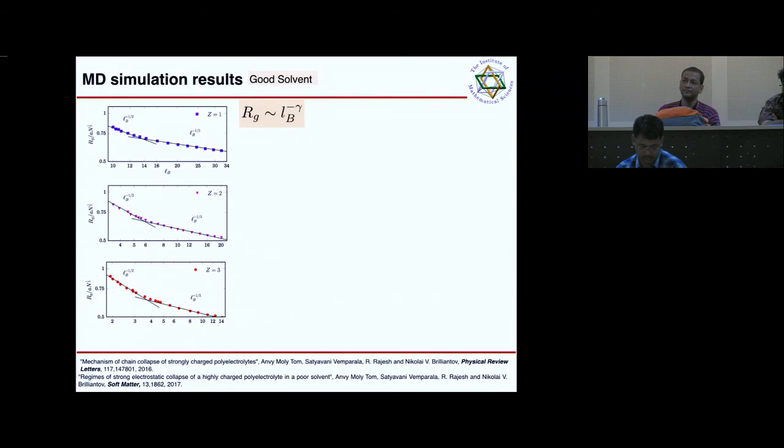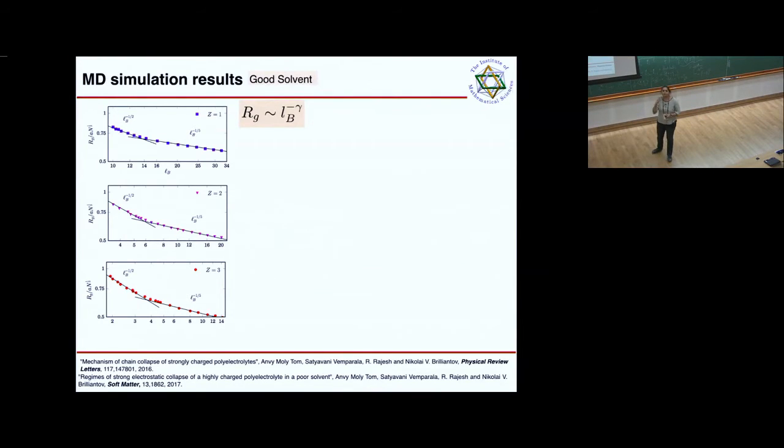So what you mean, I showed something in the beginning where everything is completely charged. So we have a system where you have plus and minus. There's no polarity that has been introduced into the system. But one can play with this. We can introduce some fractional charge into the system. We have not done that, but that's doable. But we've not attempted that. These are just strongly charged polymer systems.